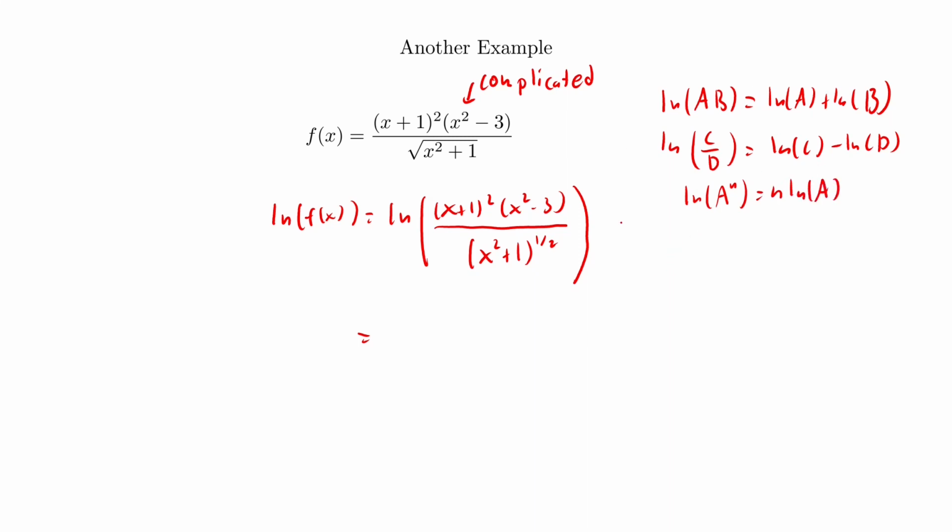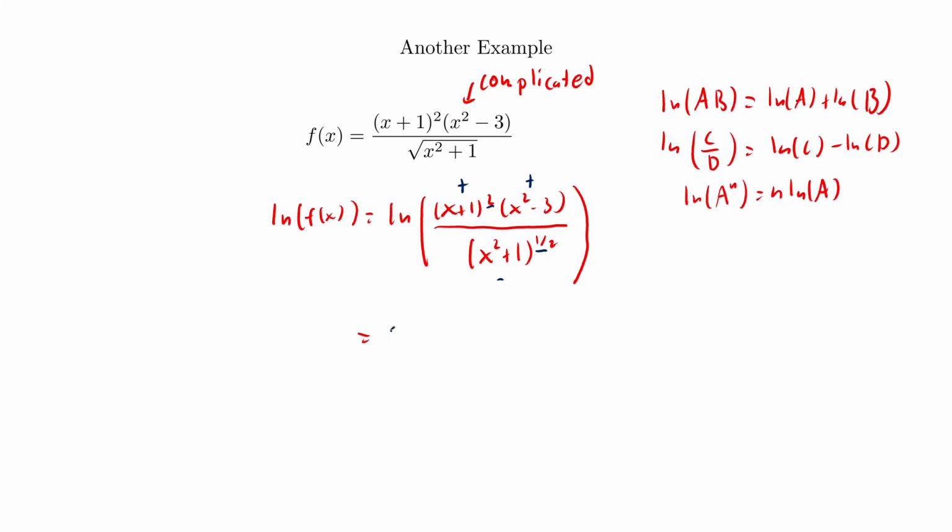So using all of these rules together, we can actually break this into a sum and difference of logarithms. The way that I'm going to do this is we're going to take the log of this guy, the log of this guy, and then subtract this guy down here, and then we're also going to pull these exponents out. So I'm going to do this in one big step.